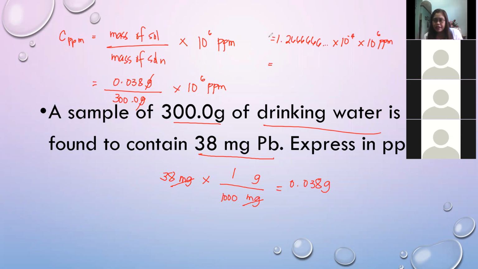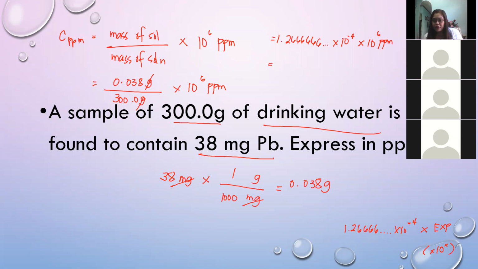On the calculator, you just input the number 1.26666 times 10 raised to the power of negative 4. Then press multiply, and next press the EXP key below. Look at your calculators, beside the decimal or the answer key, you can see the EXP. On some calculators, instead of EXP, it says times 10^x.